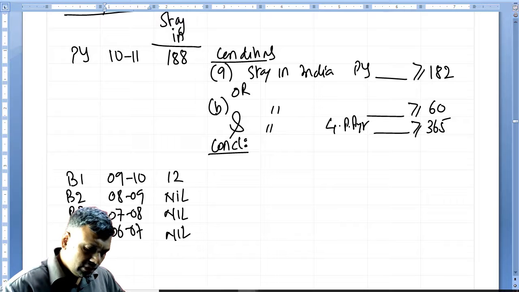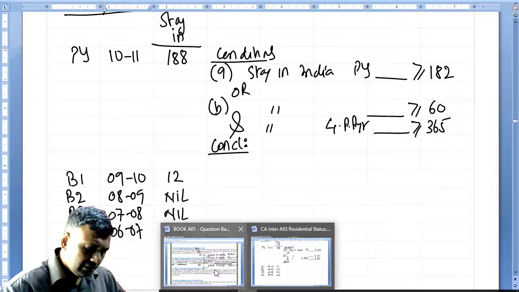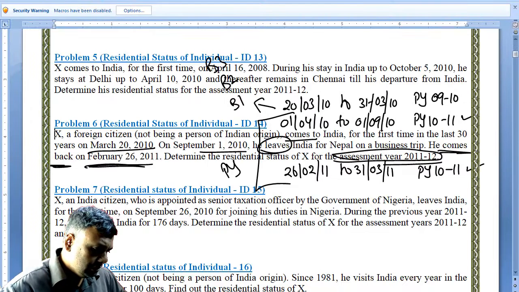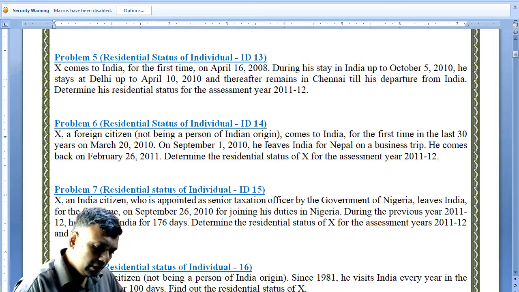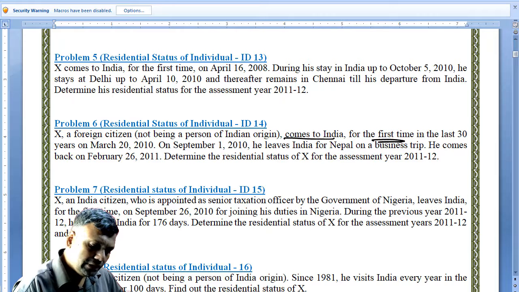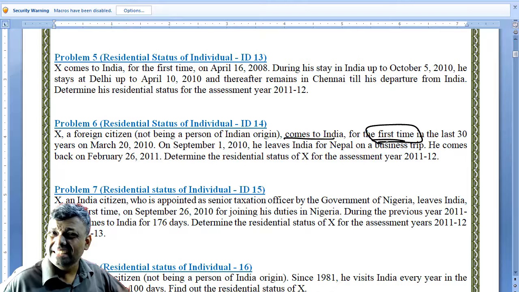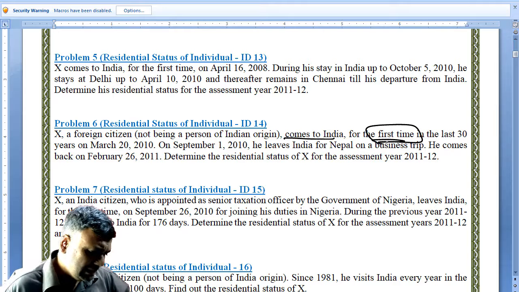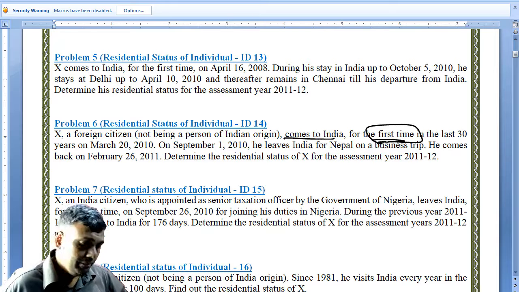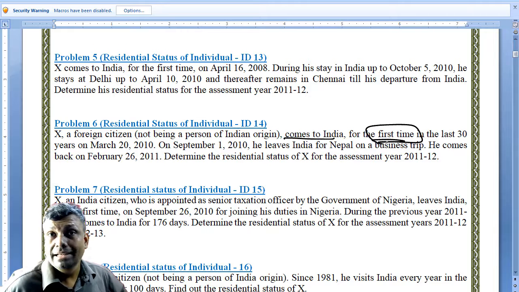Let me go back and read the question and see whether I have missed out something here. Okay, so recheck the question. Foreign citizen comes to India for the first time, so that I have already considered in last 30 years. So before that 30 years we have seen all these things. But then on March 20, here see one of the silly mistakes that students can make, I'm just telling you.